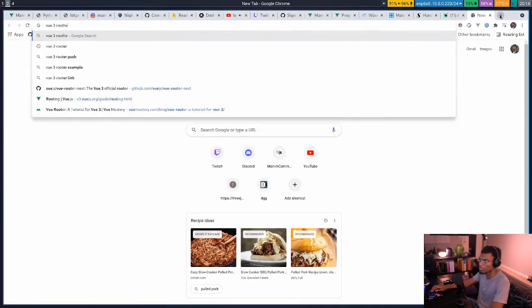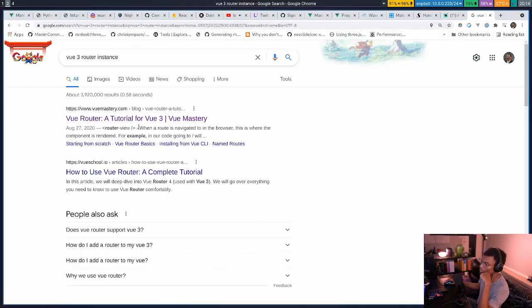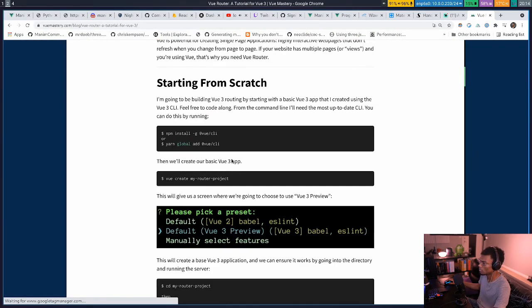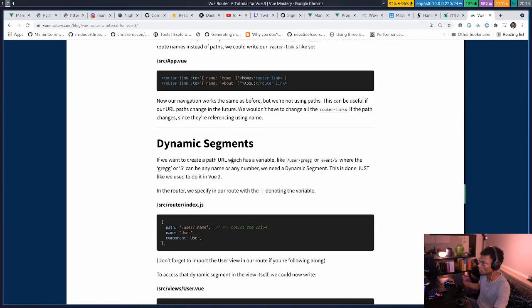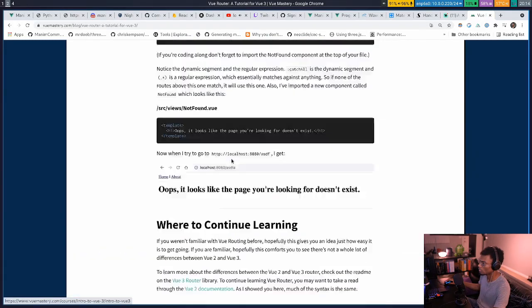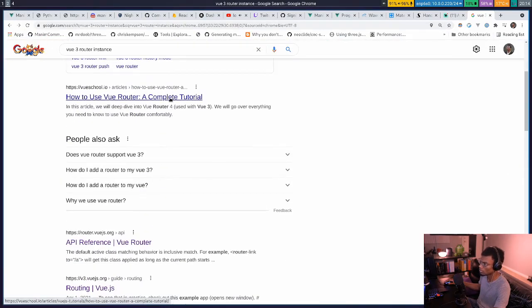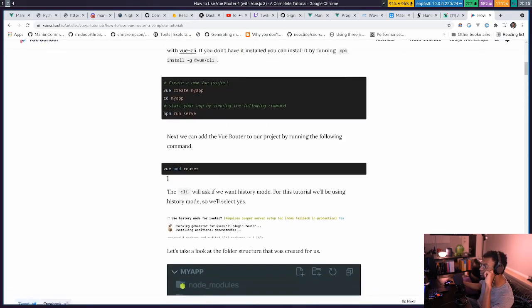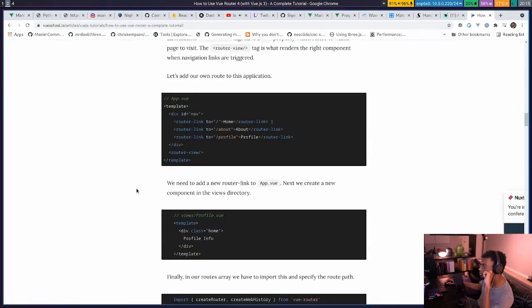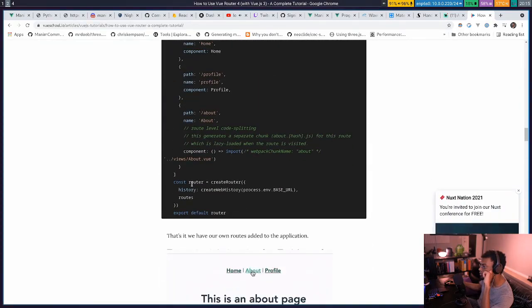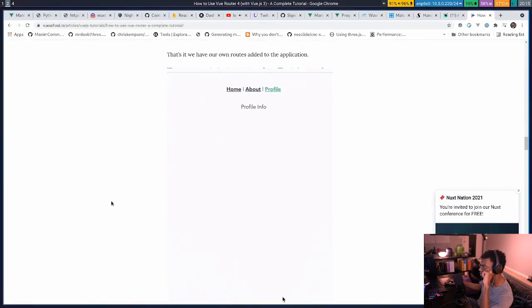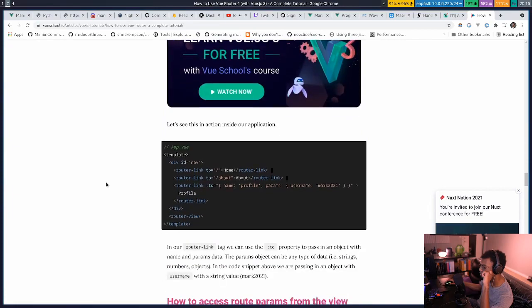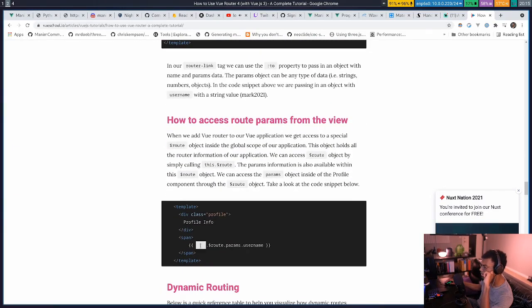First, I want to find out if I can find this router. Const router equals create router, export default router. This has this.$route. $route, that's different than $router.